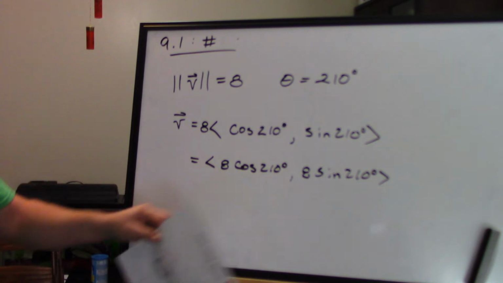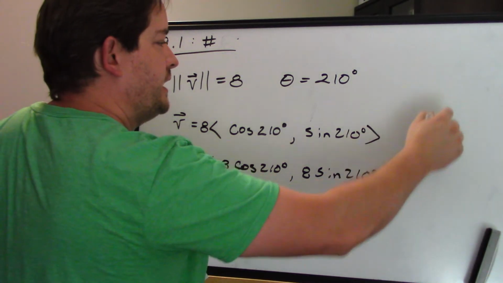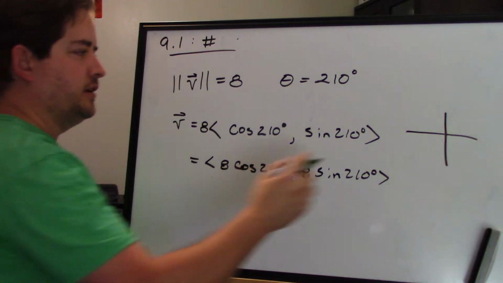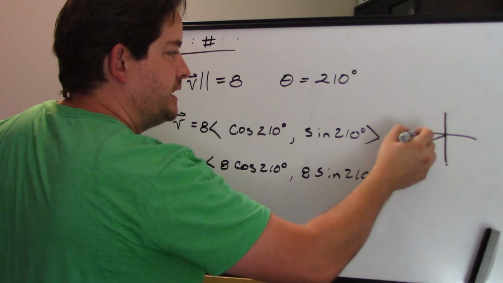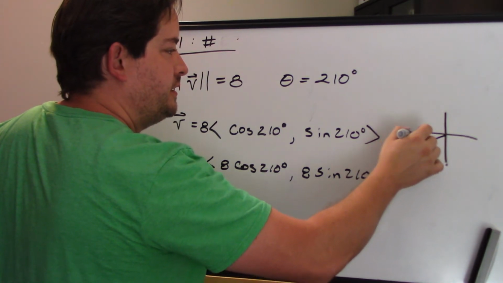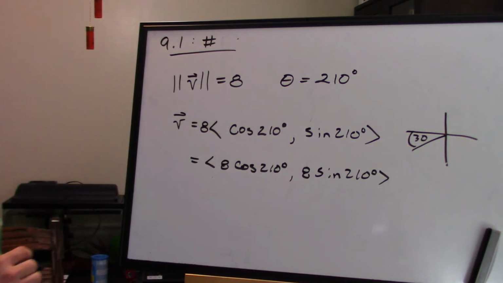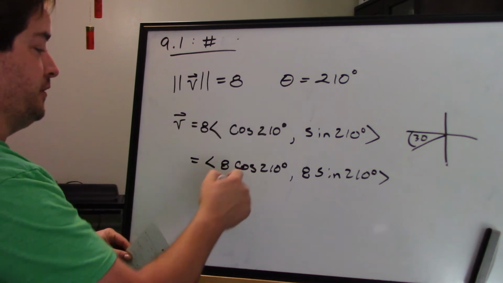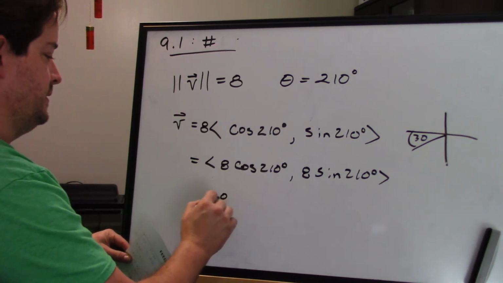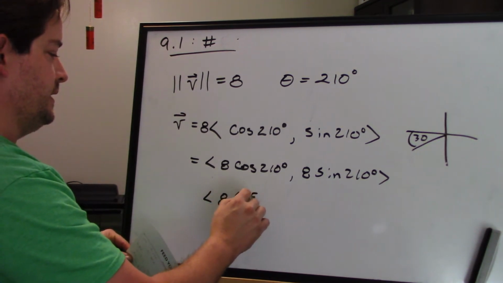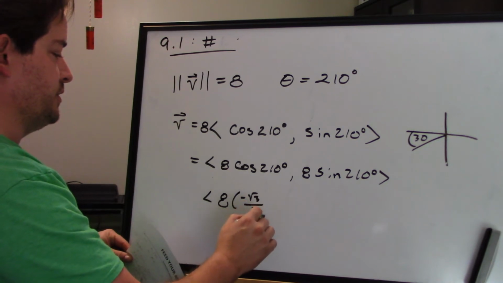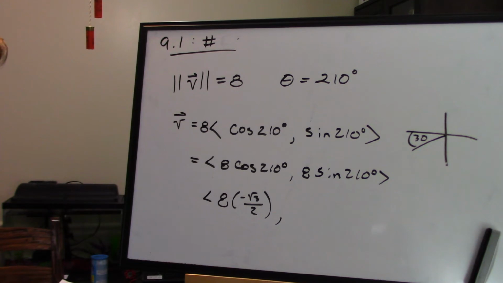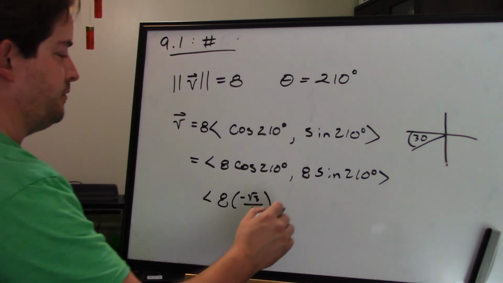With the cosine of 210, just know where 210 is. It's past 180. It's past 180 by 30 degrees, right? So it's this angle down here with a little 30 over here, okay? Which tells me that the cosine is negative, and it's root 3 over 2. And then the sine is also negative, and it's just 1/2.